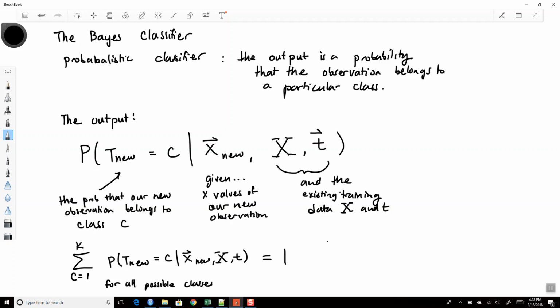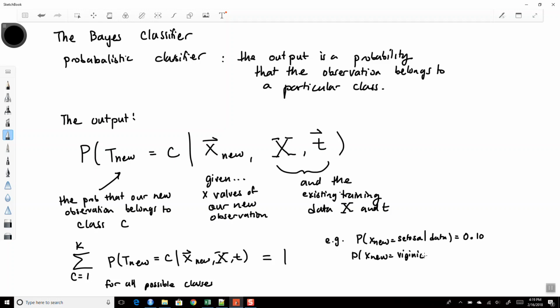So, for example, it would be like the probability that x new is Setosa, given the data, maybe this is 0.10, and the probability that x new is, what are the other ones?